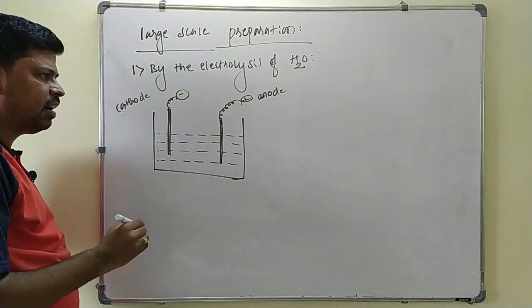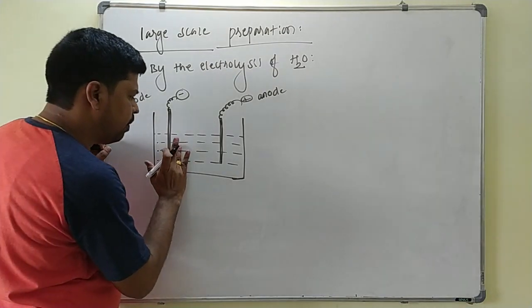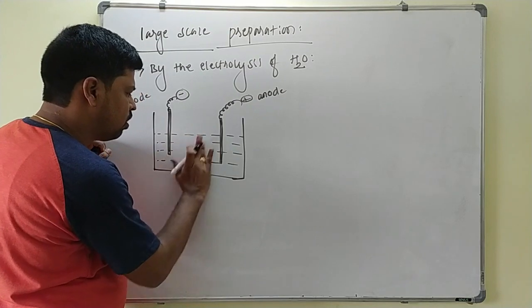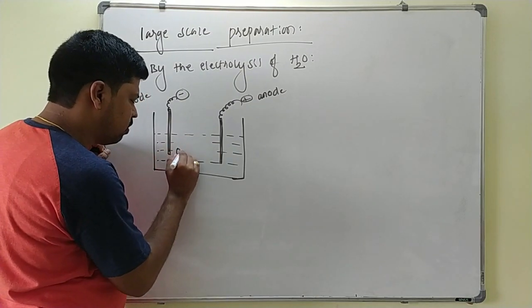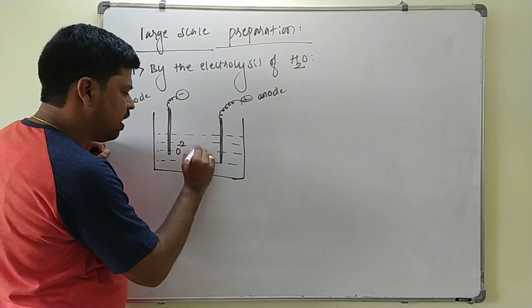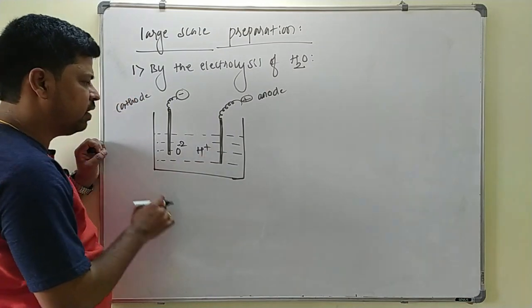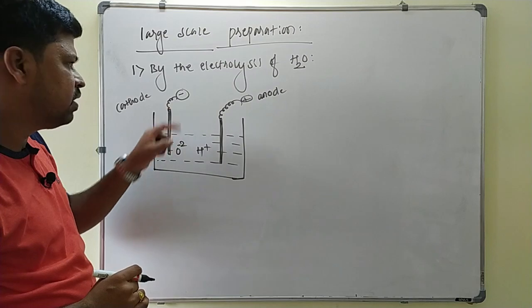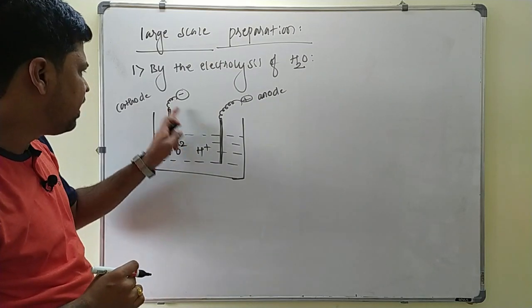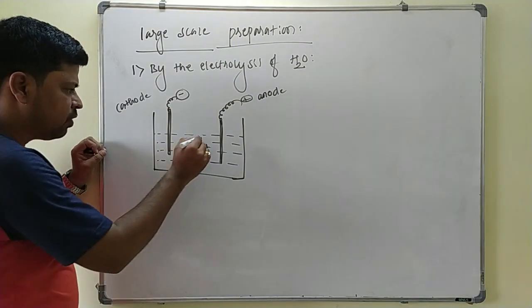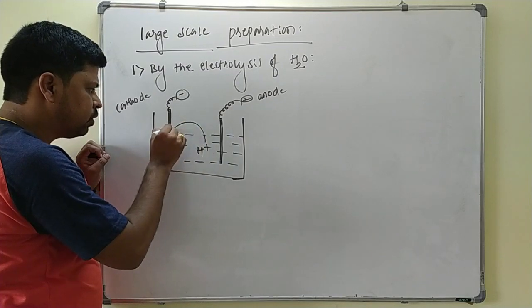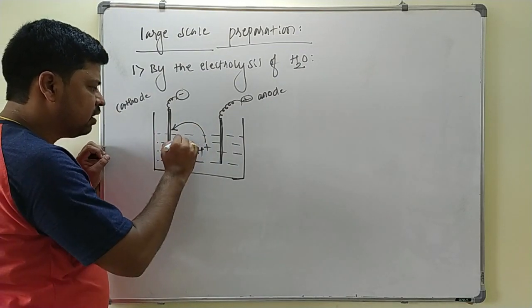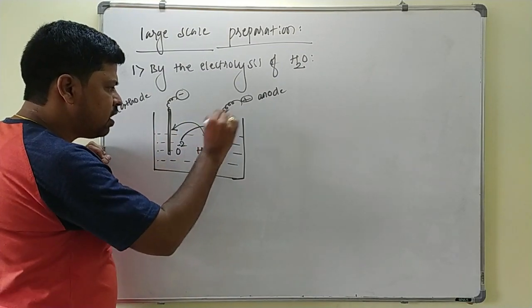On passing the electrical current, what happens here? Here you will have oxide ions, that is O minus 2, and here H plus ions are also there. On passing electrical current, these ions are attracted towards the opposite electrode and they get discharged. So H plus ions are attracted towards the cathode, and O minus 2 are attracted towards the anode.